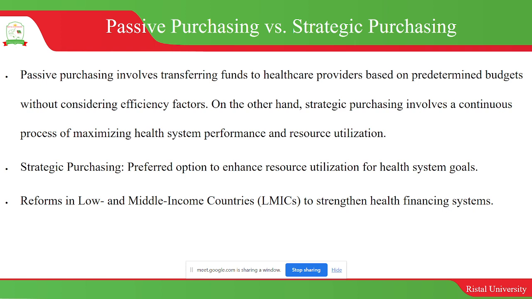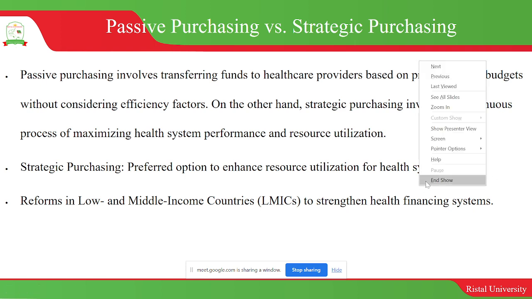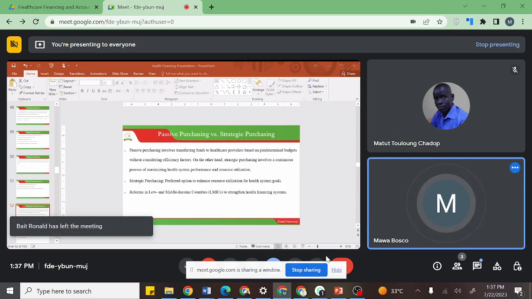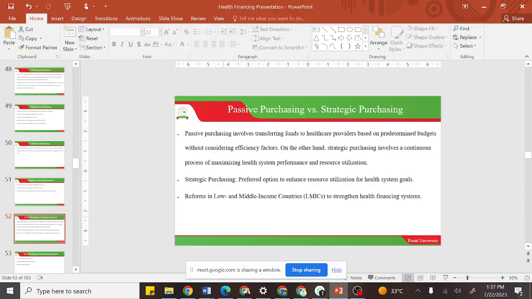So whether that primary healthcare facility works or doesn't work, that money is sent like that. Whether it receives many patients or it doesn't receive, that was what was put in the budget, and that is what is sent. That is what we call passive purchasing.